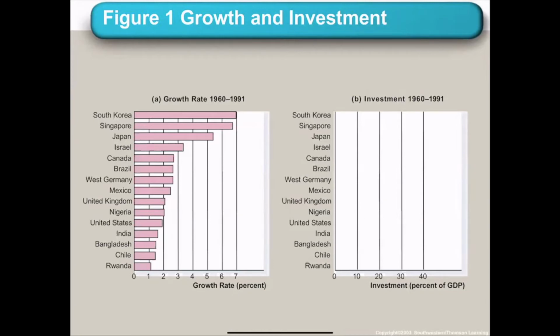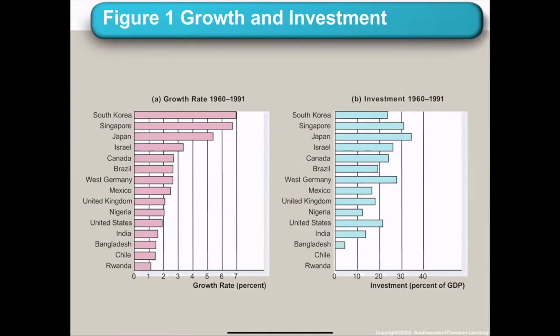So 1960 would be the starting point, right? But why can these countries achieve a very high compound economic growth rate over 30 years, like 7%? Looking at the right-hand side, you would see that these three countries invest a lot of their GDP each year, right? About 20 to 30%.